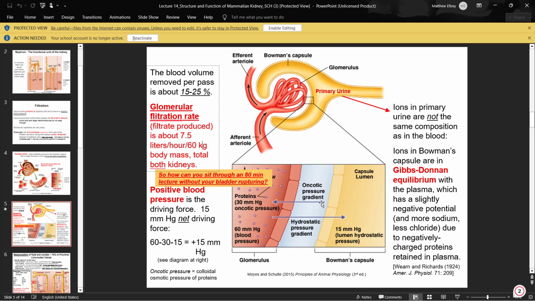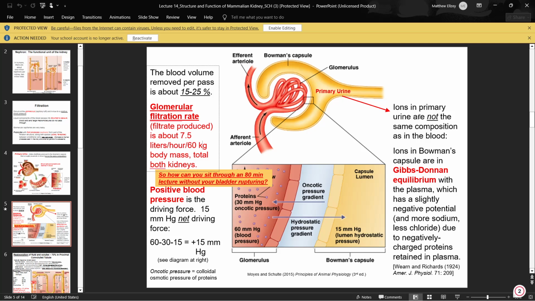So we see that we have an oncotic pressure gradient here, 30 mmHg, and the lumen of the capsule is 15 mmHg with the hydrostatic pressure, and we have this 60 mmHg blood pressure in the glomerulus. So 60 coming into the glomerulus. Even with a subtraction of 30 and 15 coming this way, we're still having a positive net of 15 filtering the blood through this filtration barrier.